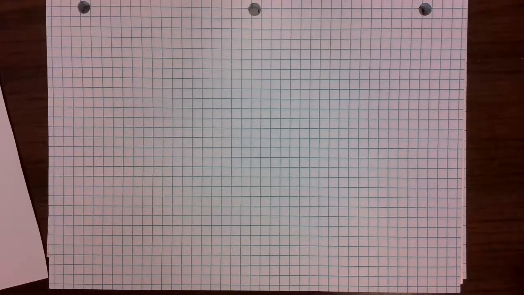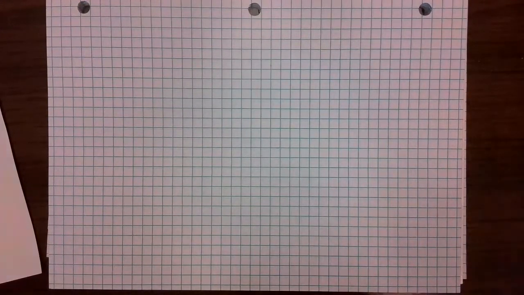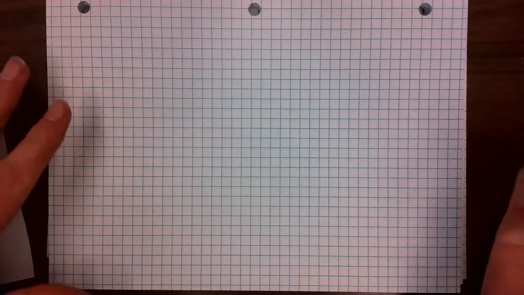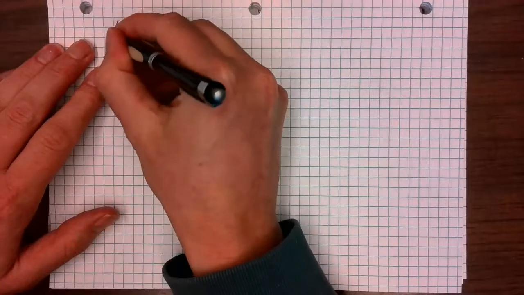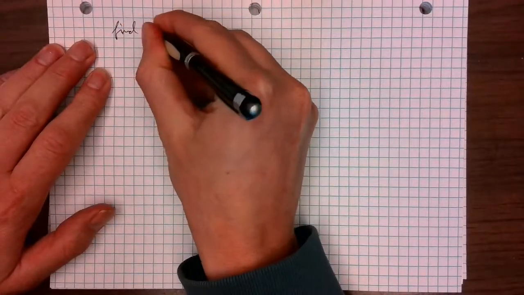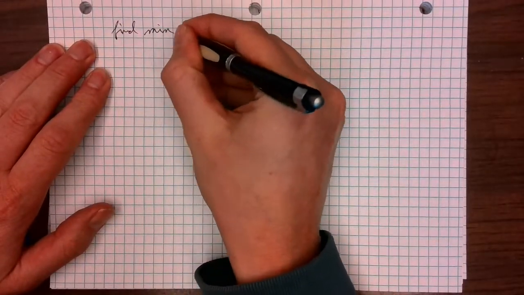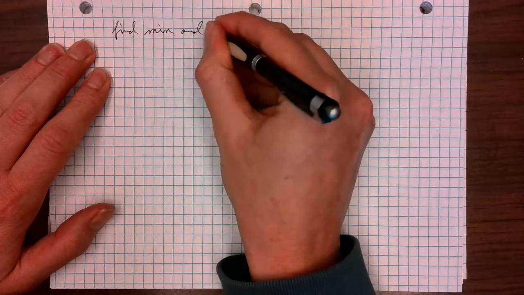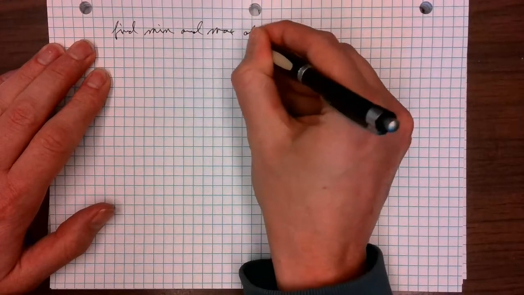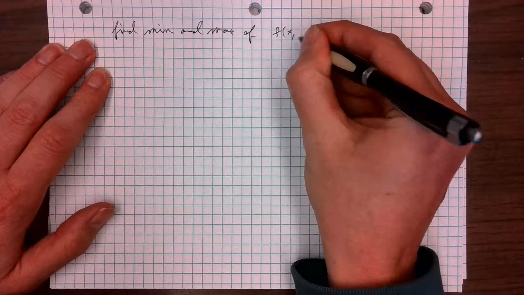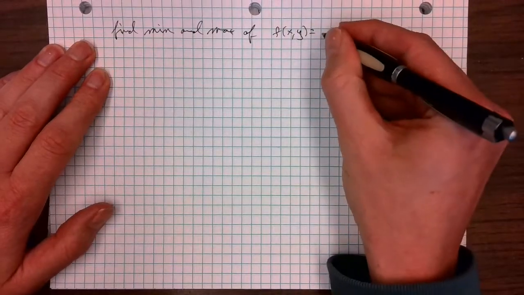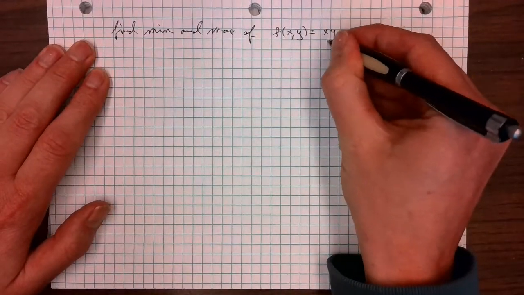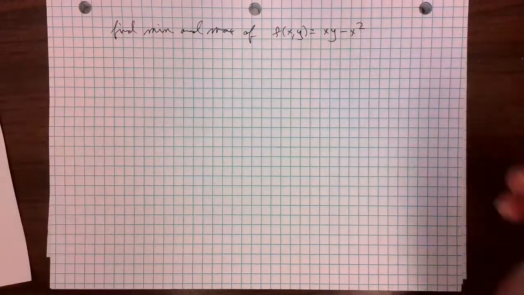Okay, so let's do an example, slightly more complicated. Find the min and max of f of x, y, which is going to be x times y minus x squared.